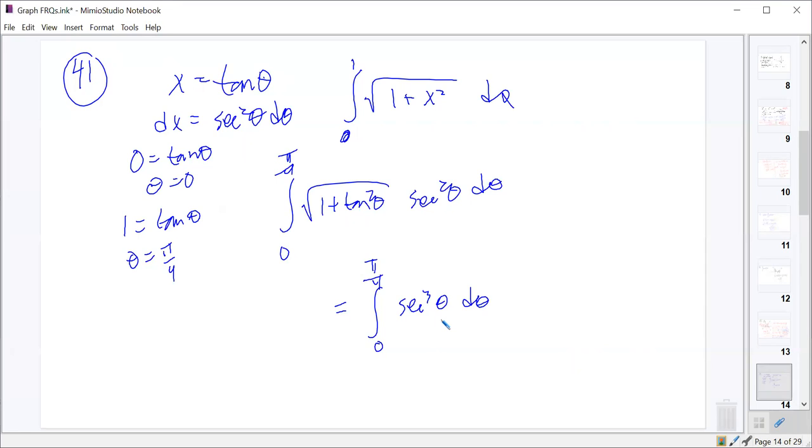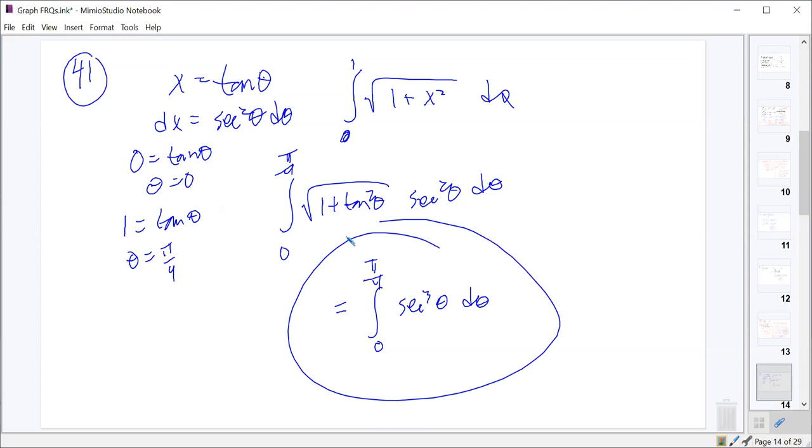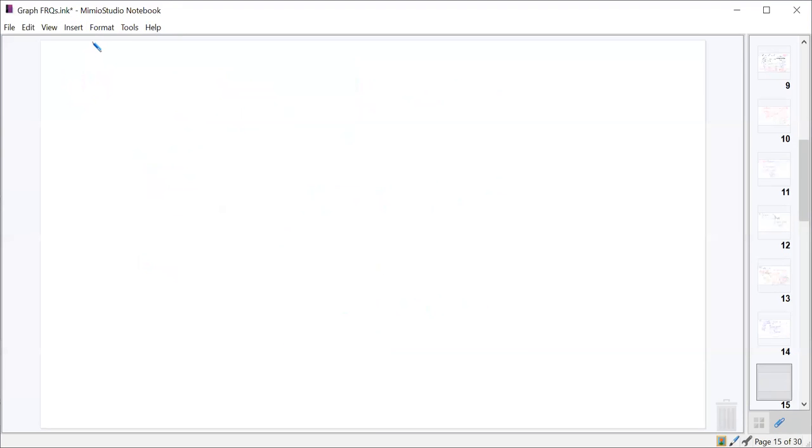At least you can integrate it now. So it looks like that was choice D, I think. Is that right? Yeah. Any questions there on 41? No, everyone's good there. Okay.